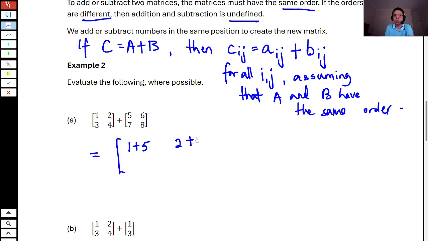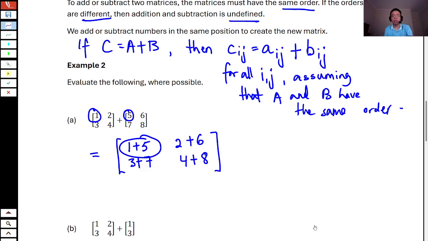To get row 1, column 2, 2 plus 6. Row 2, column 1, 3 plus 7. Row 2, column 2, 4 plus 8. So what you should see is I'm adding the numbers in the same position to get the resulting number in that position for the final matrix. So our final answer is 6, 8, 10, 12.